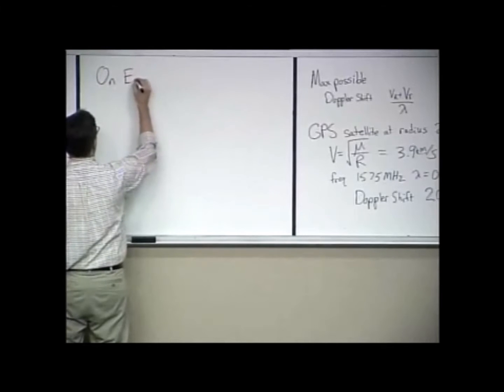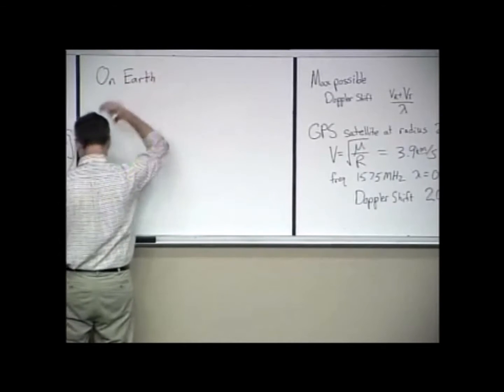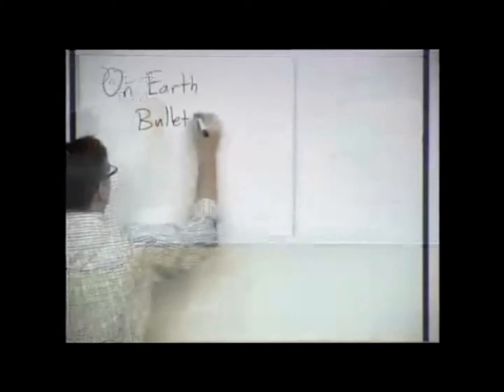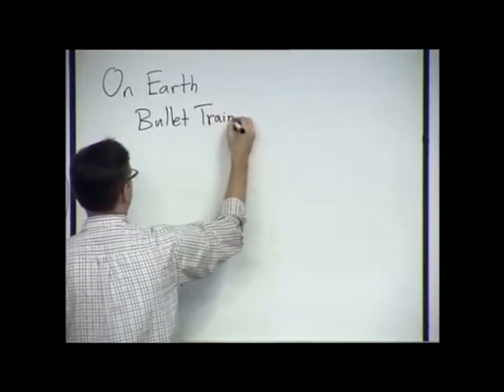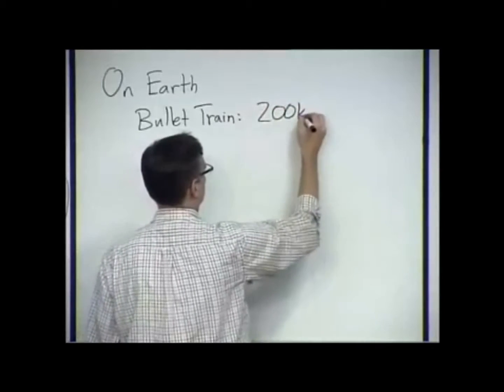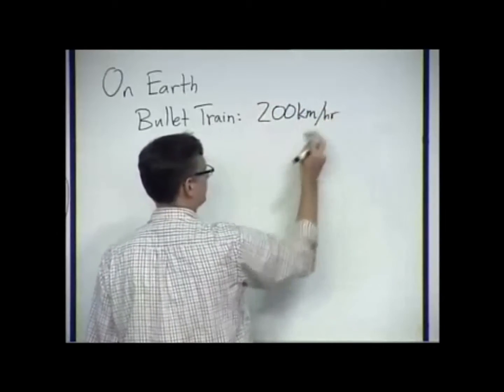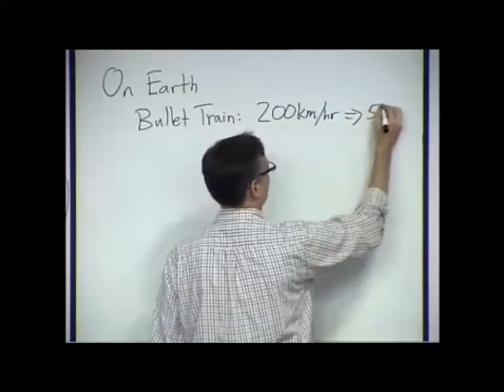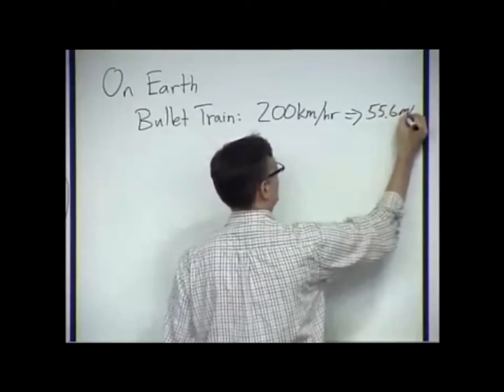On Earth, let's say you are riding a bullet train at 200 kilometers per hour. If you convert this into meters per second, this is about 55.6 meters per second.